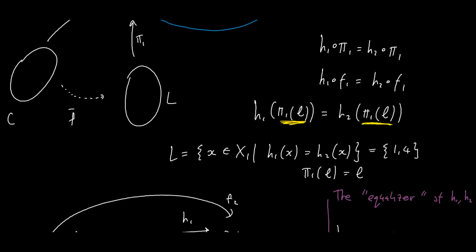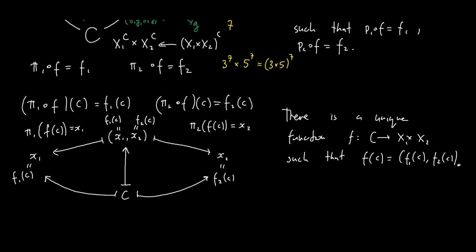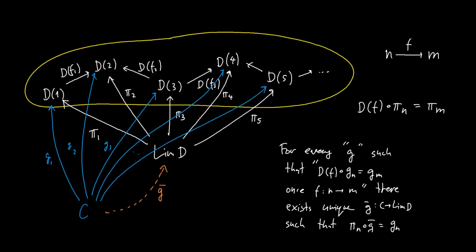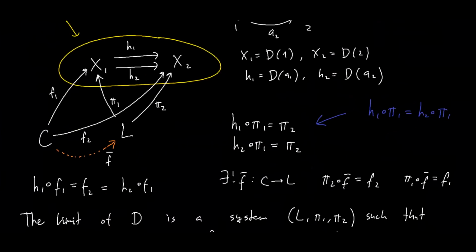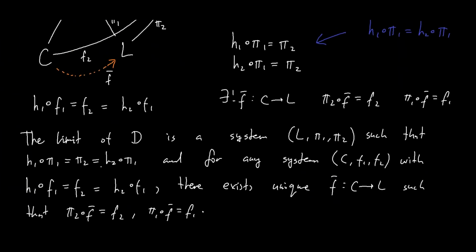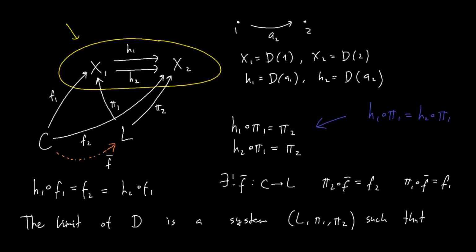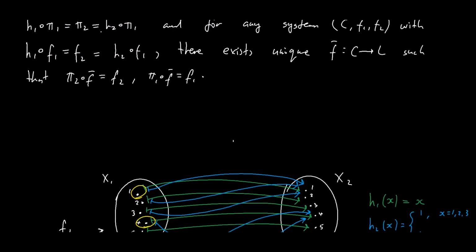Okay, so we now looked at two different examples of a limit, a product and an equalizer. But there are many more. So maybe it's time we formulate precise definitions for these things, and I hope that these examples have given you an intuitive language in which to understand the precise definition, which might appear a bit complex.